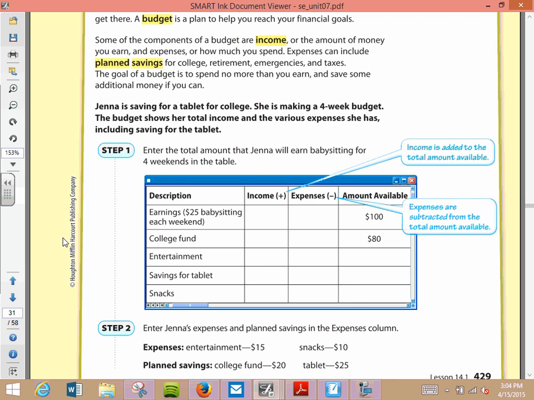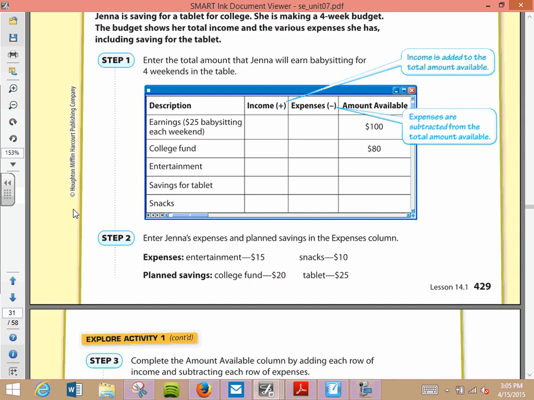Entertainment is going to the movies, the mall, an amusement park, wherever you spend money. Saving for a tablet: if you want a new iPad and you save, that's still an expense because you're taking it out of your account and putting it into savings so you can buy the iPad later. And then snacks. Y'all are good at that, spending money at the school cafeteria all the time, and the candy store.